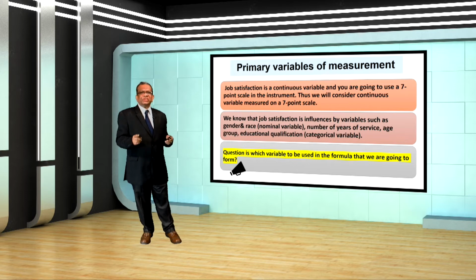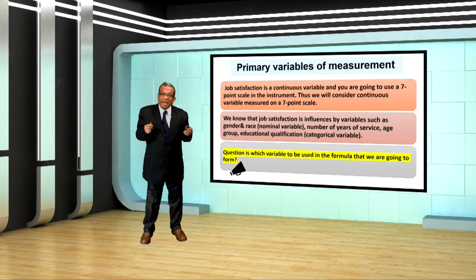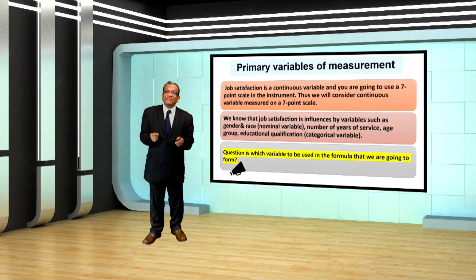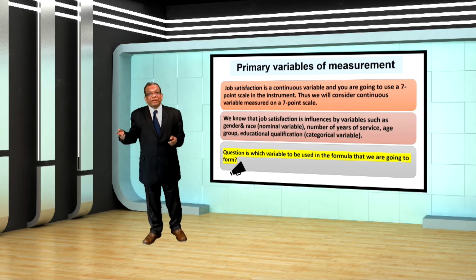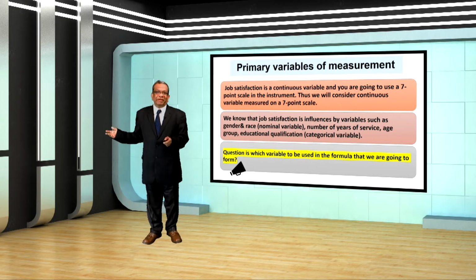Job satisfaction is a continuous variable and you are going to use a 7-point scale in the instrument to measure job satisfaction. Now, we all know that job satisfaction is influenced by variables such as gender and race, which we call nominal variables, and number of years of service, age group and educational qualification, which are categorical variables.